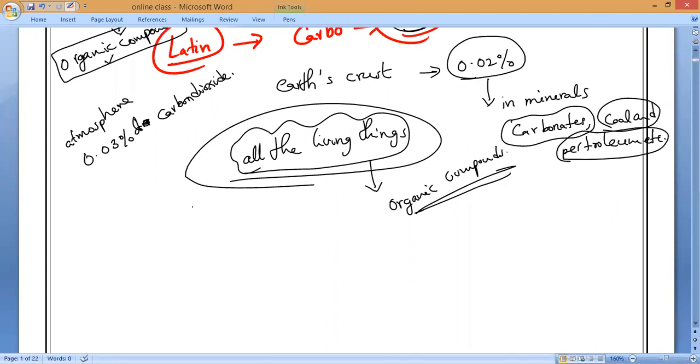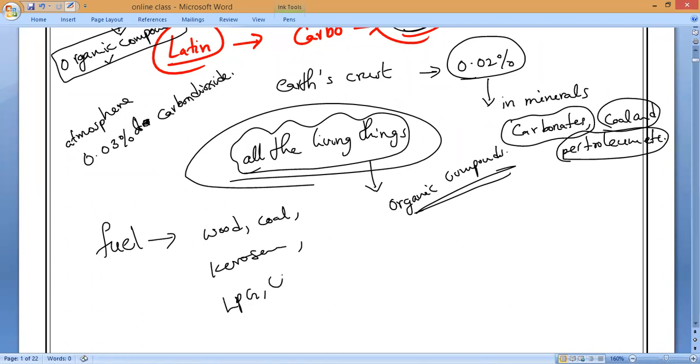And the fuels we are using. What is the fuel we are using? Wood, petrol, kerosene, LPG, liquefied petroleum gas, CNG, compressed natural gas, water gas, diesel.